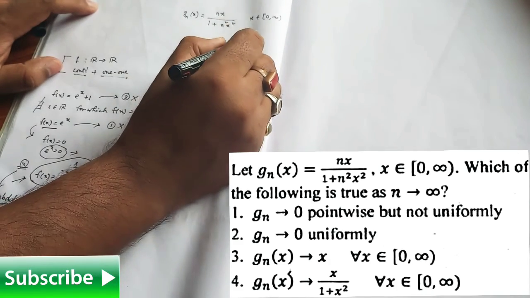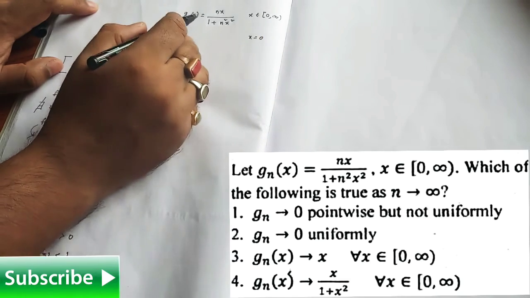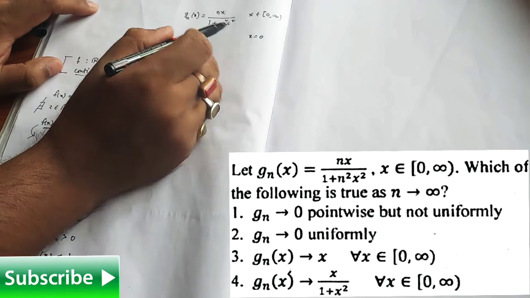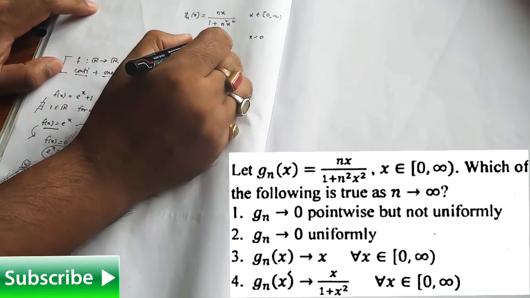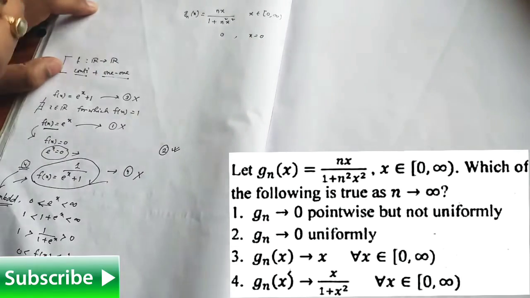So look at, for x equal to 0, simply put x equal to 0 here and this will collapse and you will get 0.